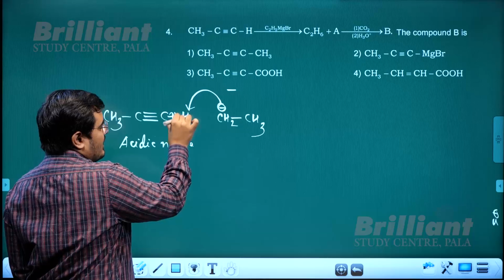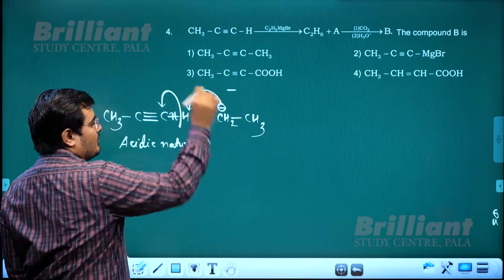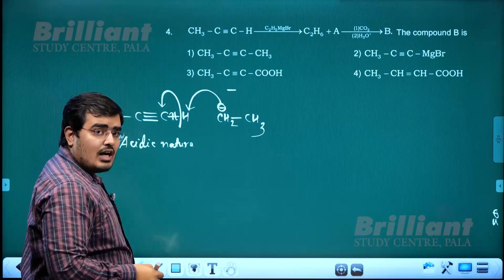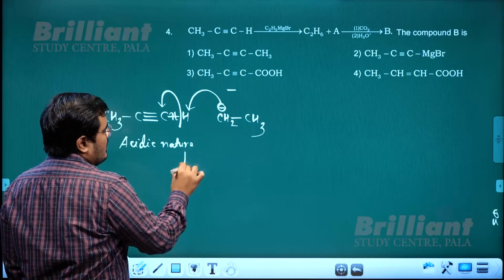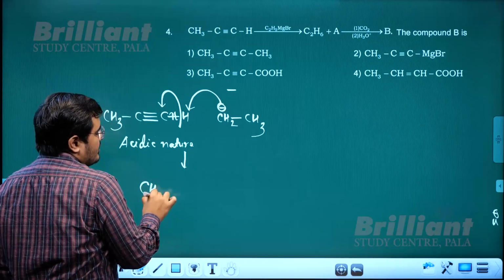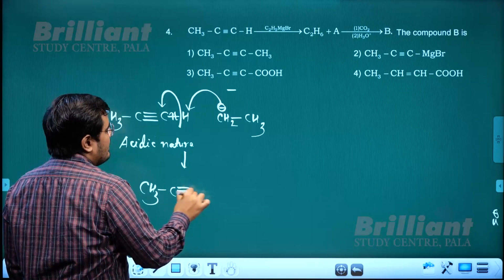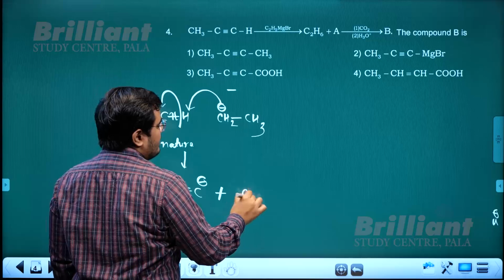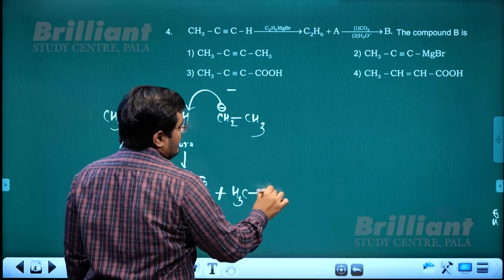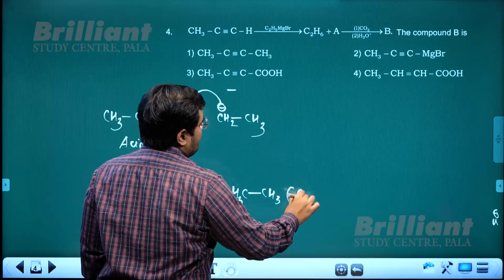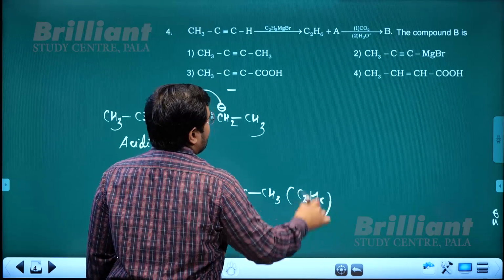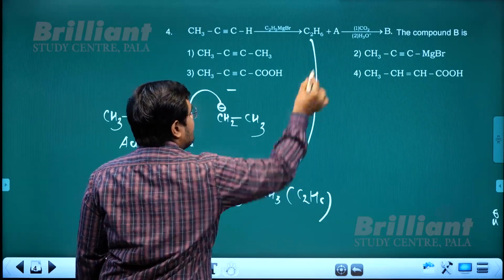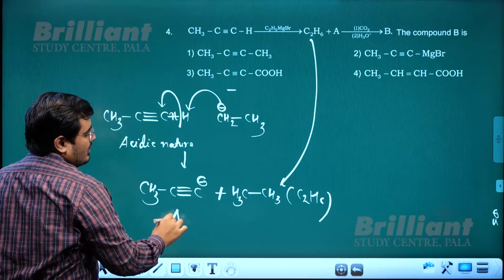And if it is going to pluck out this H positive, both the electrons will be donated on the carbon of the triple bond. So it will result in the formation of CH3, C triple bond, C minus, plus CH2 minus, which after taking a proton will become CH3CH3, which is nothing but your C2H6. So here you are having C2H6, whereas this can be said to be your compound A.